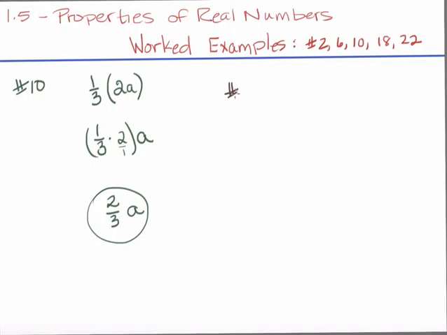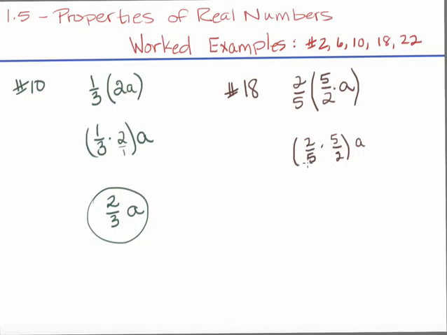Number 18 starts out looking like this. 2/5 times 5/2a. Again, I can't do this multiplication because I don't know what a is. But I can rewrite my problem using the associative property of multiplication and then doing this arithmetic.